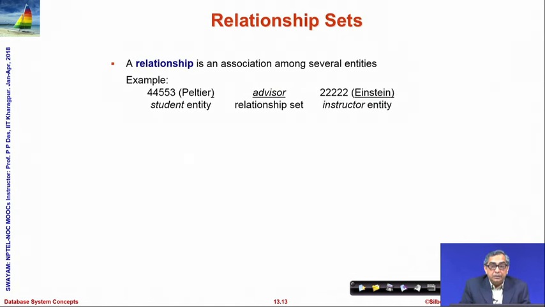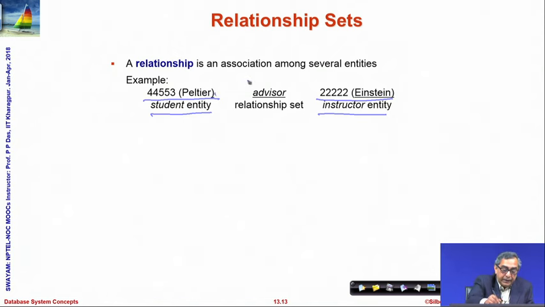among two or more entities. Here we have a student entity, identified by the student ID, which is the primary key in the student entity set. We have an instance of an instructor entity identified by the ID of the instructor Einstein, which identifies the instructor uniquely.